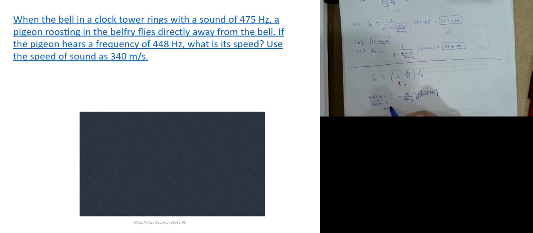So 448 divided by 475 minus 1 equals minus u_O over 340 meters per second. Now multiply both sides by minus 340, and that will give you the answer you want for u_O. So u_O in that case is equal to 19.3 meters per second.